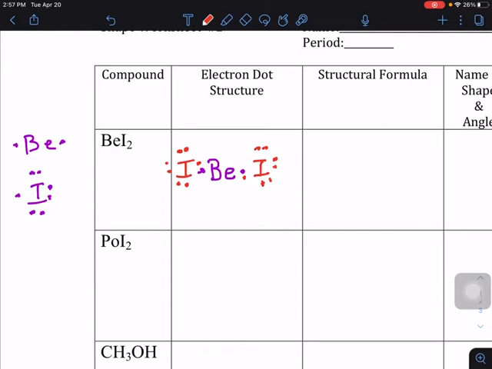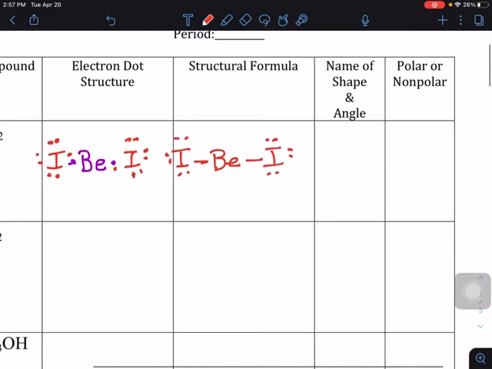The structural formula for this will be I, Be, I. That line represents the covalent bond, iodine, another covalent bond, iodine, and that's what it looks like. Beryllium, the atom in the middle, is group 2.